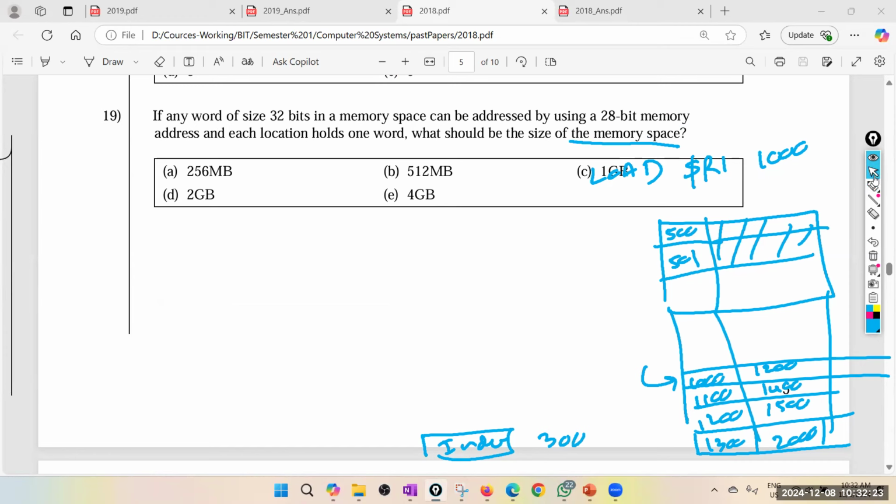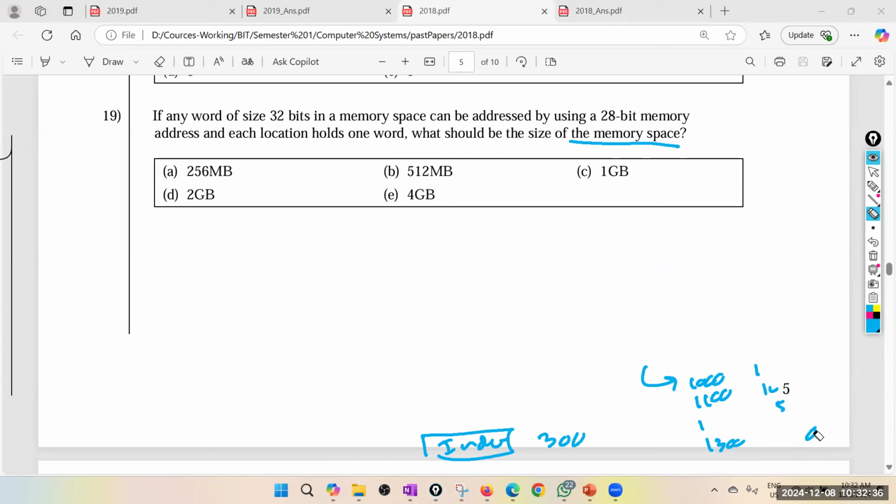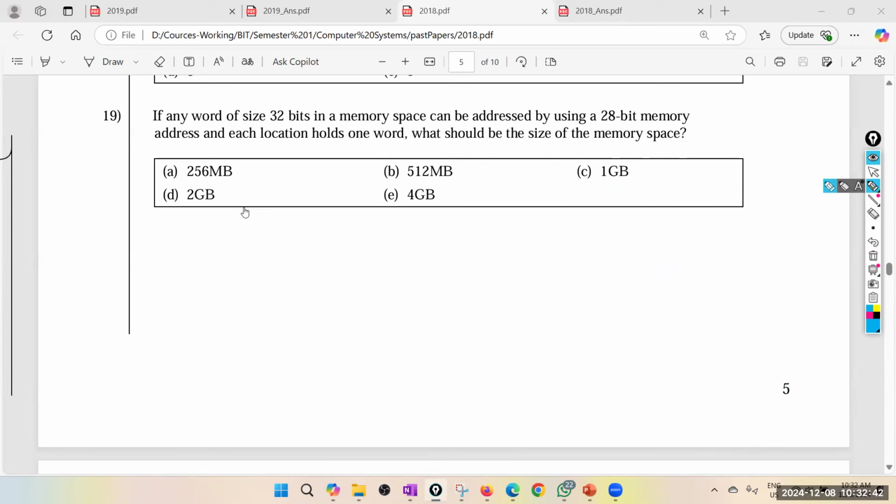I gave you enough time. Now this is an independent question. So this has nothing to do with this question. If any word size 32 bits in memory space can be addressed.